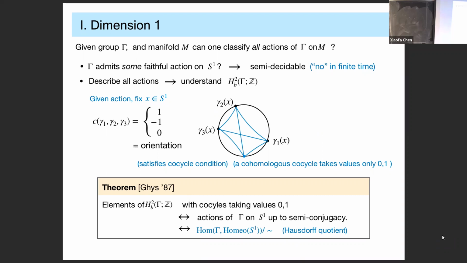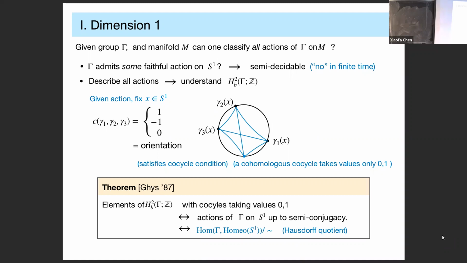It's also capturing the space of all actions of the group, well, up to something, the equivalence relation generated by semi-conjugacy. And this up to something actually turns out to be the way you turn the space of all actions into a reasonable space. The space of all actions with its natural topologies is horrible, but given a horrible space, there exists by abstract topology a largest Hausdorff quotient of that space.